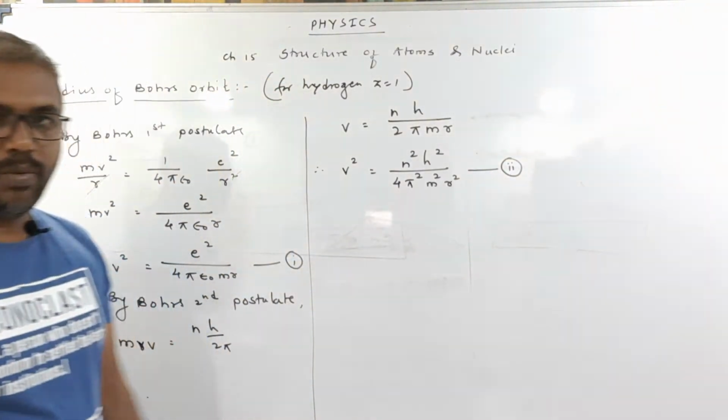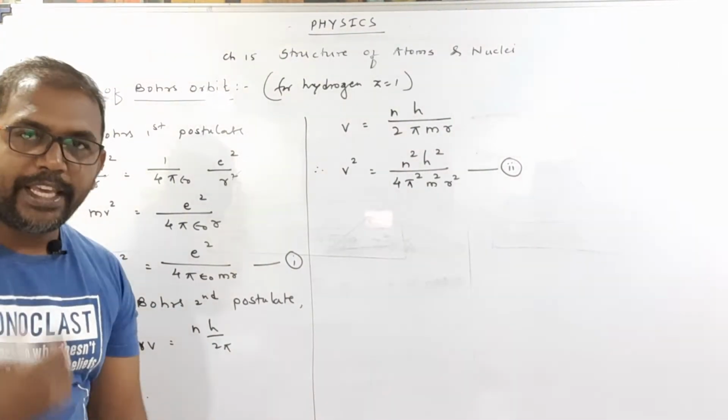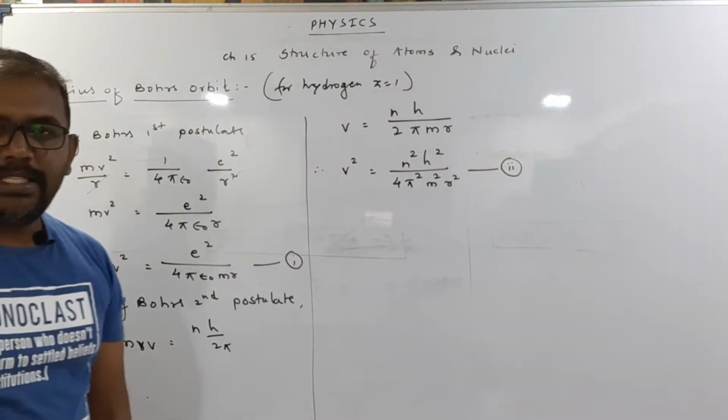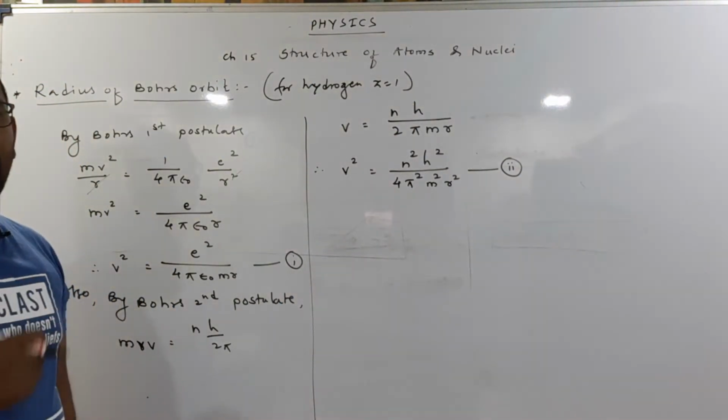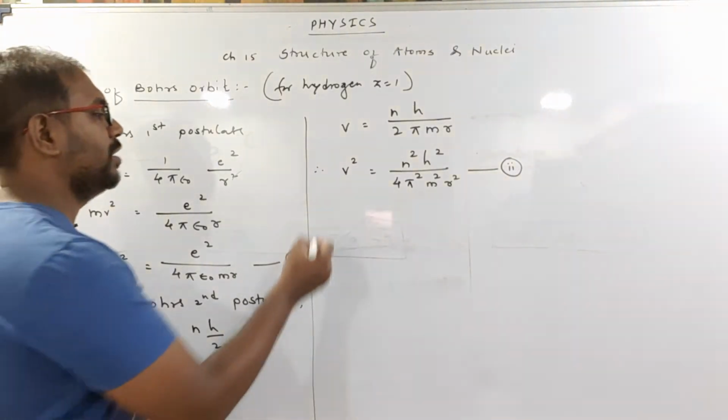Now see, this is equation 1 and this is equation 2. Both the equations are equations of v square. Means we can say that their left hand side is the same, so right hand side is obviously the same. Or we can equate equation 1 and 2.